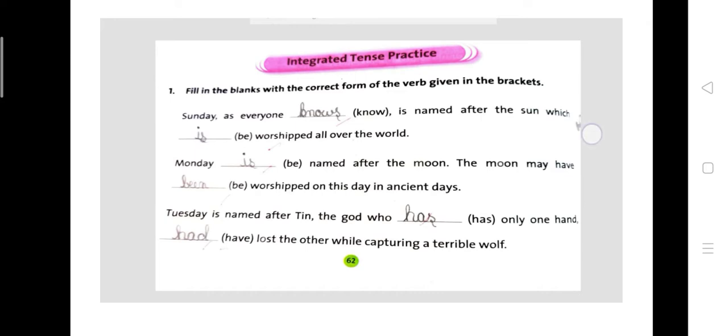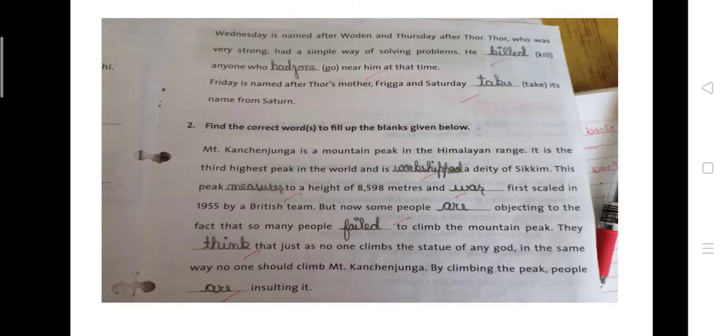Next one is Wednesday is named after Woden and Thursday after Thor. Thor, who was very strong, had a simple way of solving problems. Now next part is he killed anyone who had gone near him at that time. Now in this particular sentence, you are watching that there are two events happening. Two verbs have to be used.